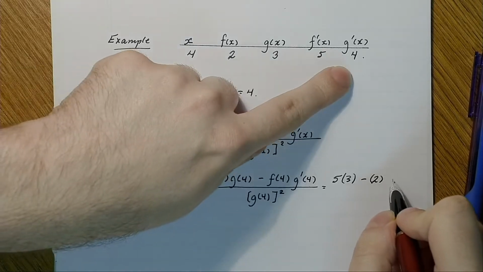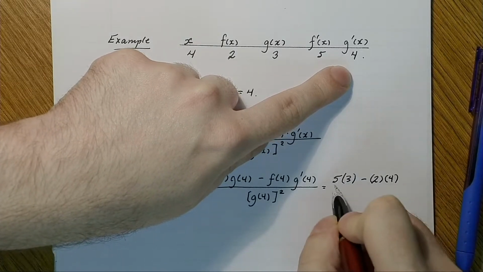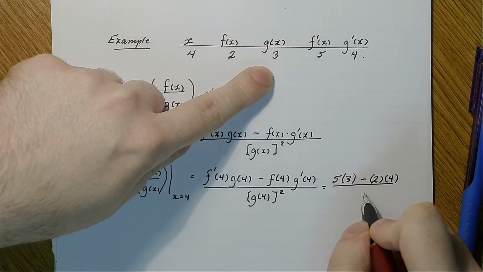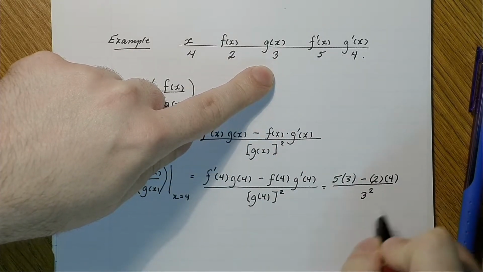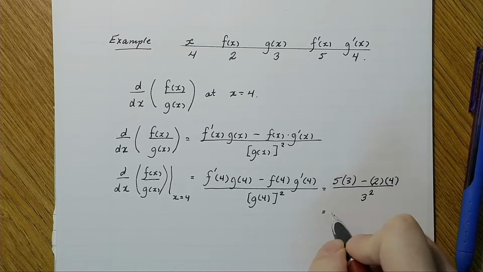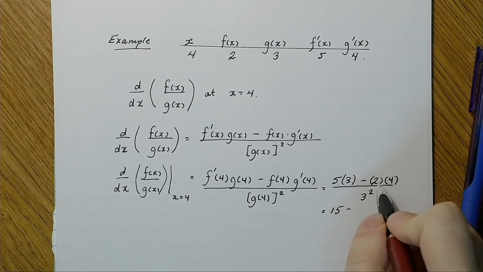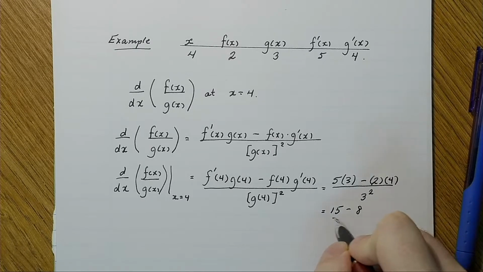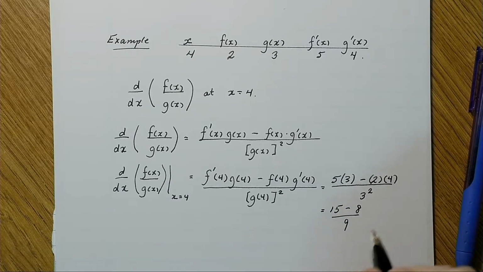So I'm just plugging in the values. All divided by 3 squared. So hopefully we remember our multiplication: 5 times 3 is 15 minus 2 times 4 is 8, divided by 9. 3 squared is 9. Okay. 15 minus 8, and then divide that by 9.